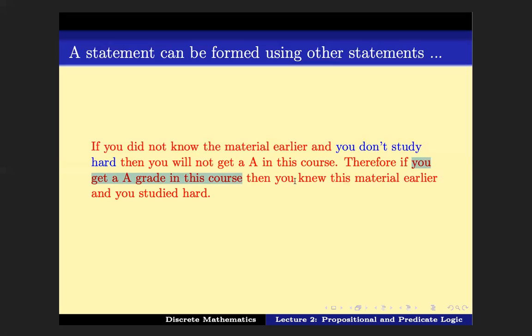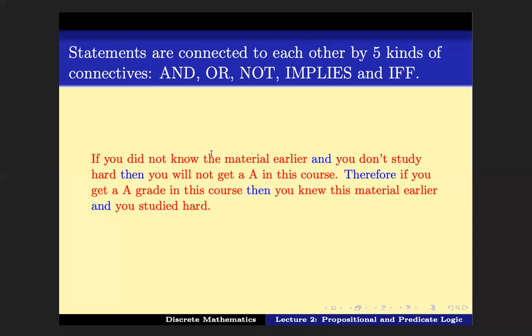Then you knew the material earlier is a statement again, and you studied hard is another statement. And then there are these connectives. This therefore is another word, but it basically means an implication: the previous statement implies something.